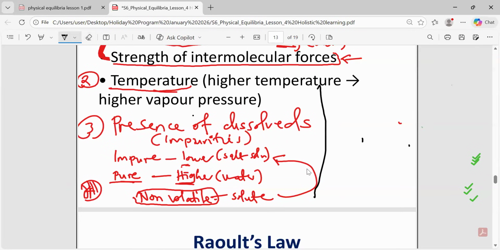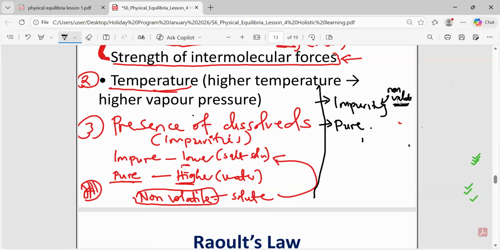We're saying that when impurities are present, we are looking at when we add an impurity and when we have a pure substance. When we add an impurity, we are talking about when a non-volatile substance is added. Why are we adding a non-volatile substance?